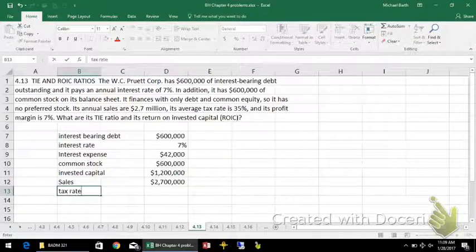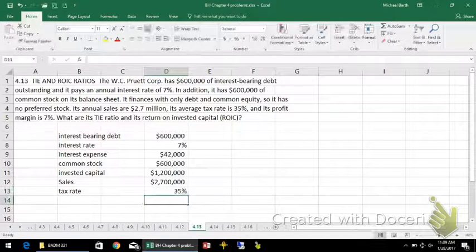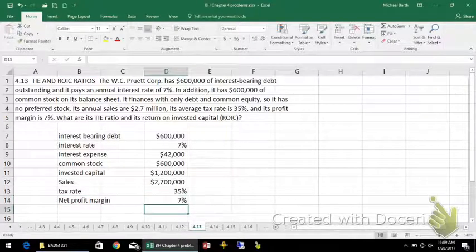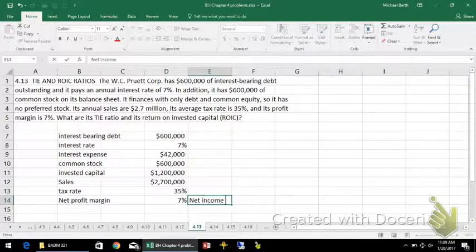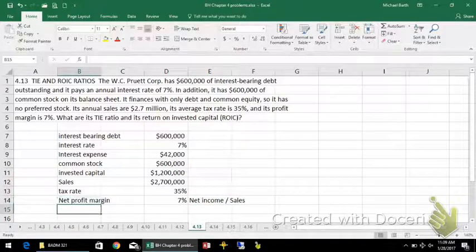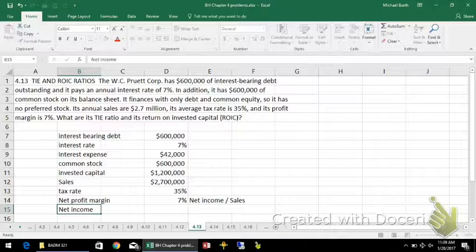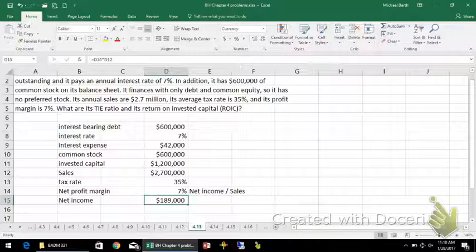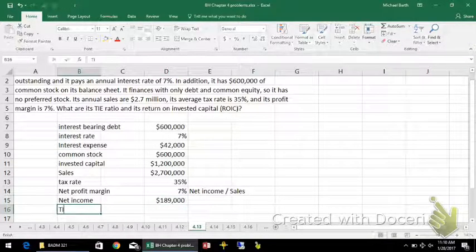Tax rate 35%. The net profit margin is 7%. Net profit margin, that's net income over sales. So net profit or net income is 7% of sales, or $189,000. Now the question is, what's the TIE ratio?